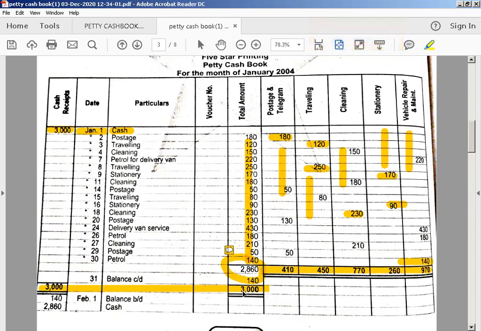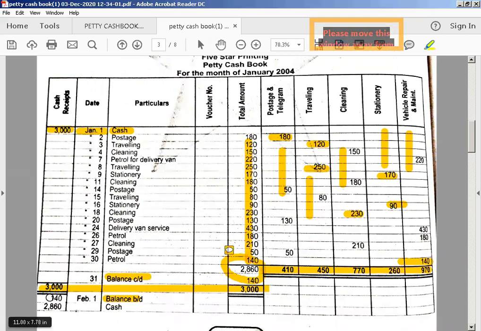Then you have to write down, balance brought down. So the balance CD amount should be in the total amount, and the balance BD amount is below your cash receipts. Okay, so it should be on your cash receipt side, that is 140 over here. Clear? So this one is your CD, and this one is your BD.